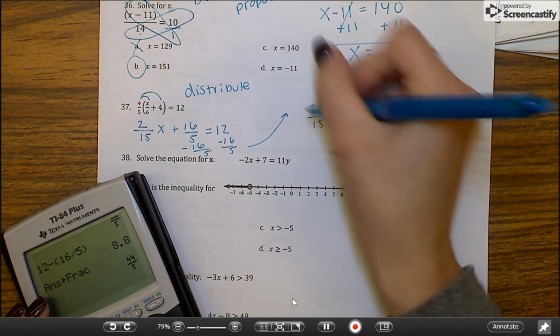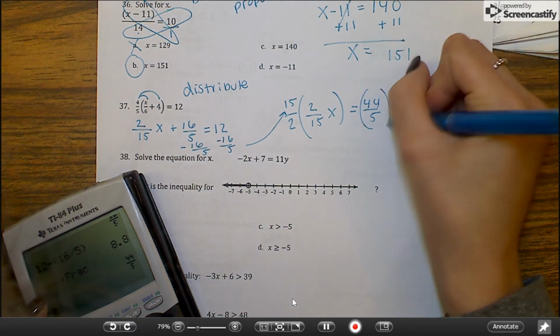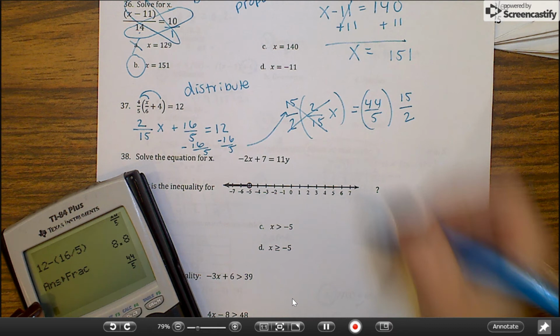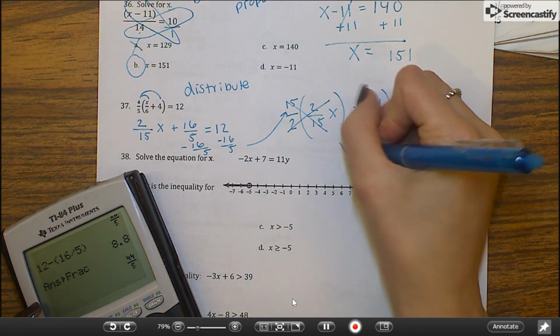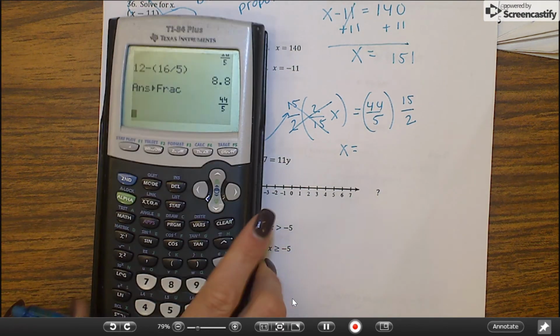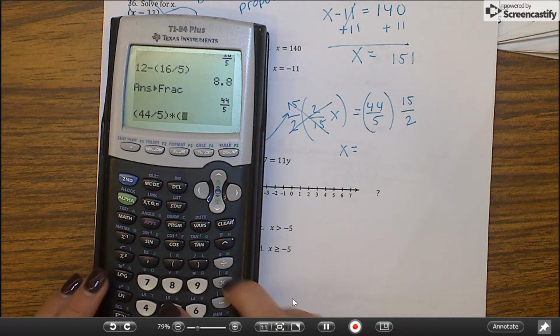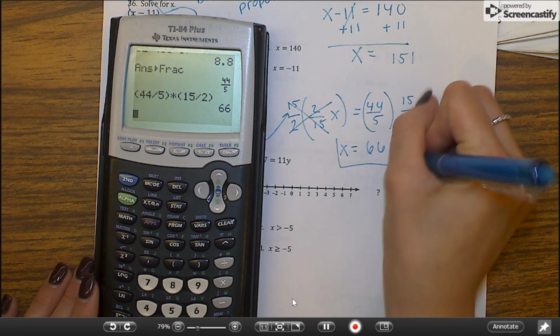Then I can multiply both sides by 15/2, which is just when you flip the fraction. And I get 66 for my answer.